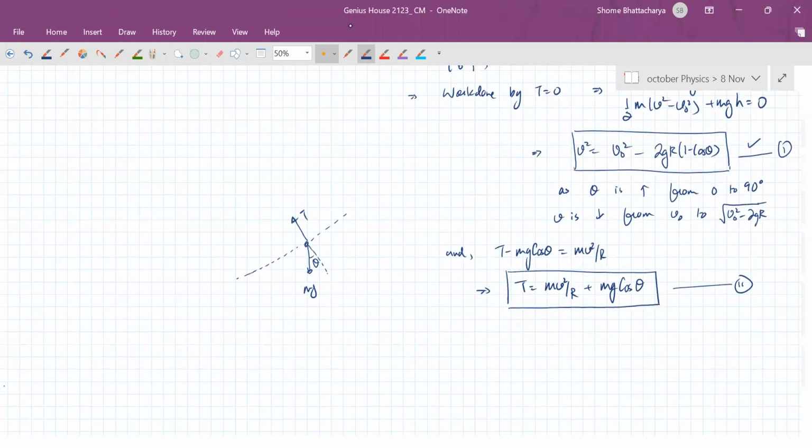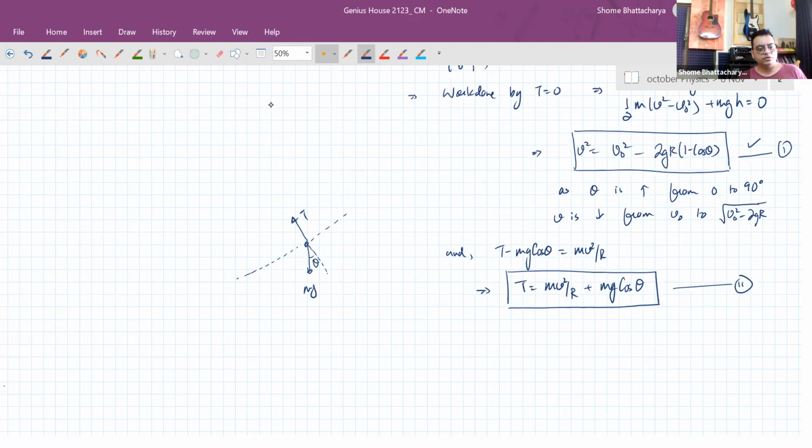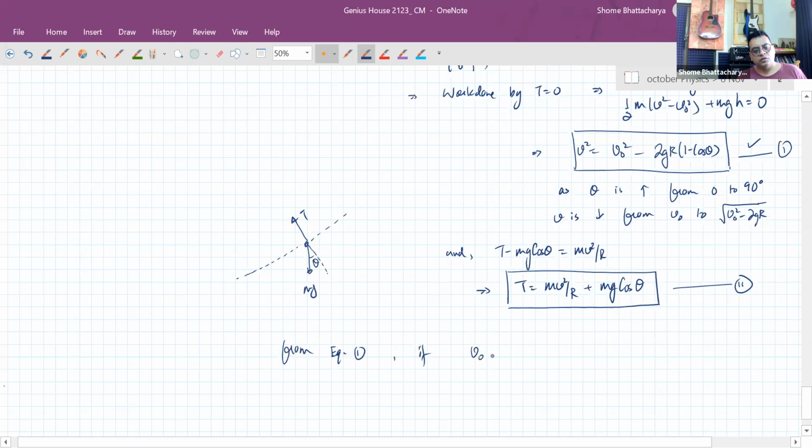Okay, now furthering the analysis here, you can see something interesting that from equation 1, if v naught is less than root 2 gr, then v becomes 0 at some value of theta less than 90 degrees.